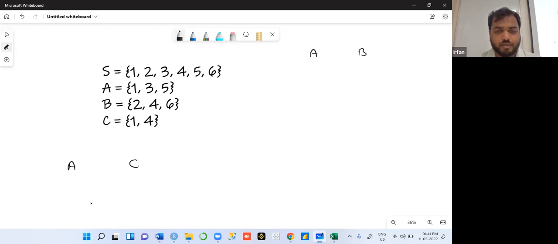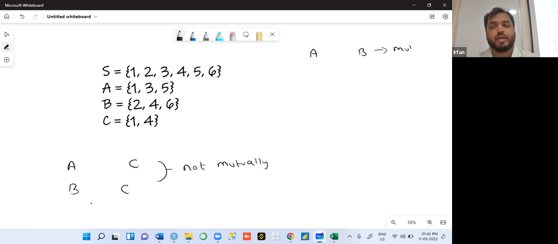Whatever we have in B, do we have in C? So here we say that B and C, and A and C, are not mutual because they are occurring both at one time. And A and B are mutual. A occurs, B will not occur. B occurs, A will not occur. Clear? Easy. Should I repeat?